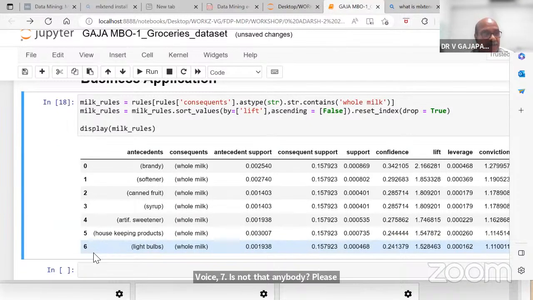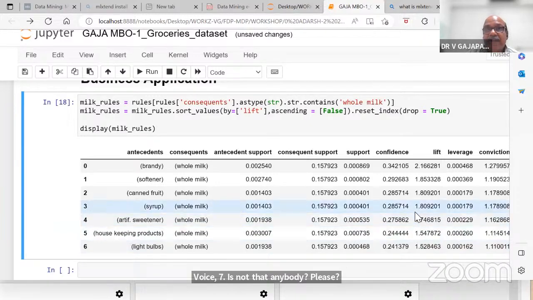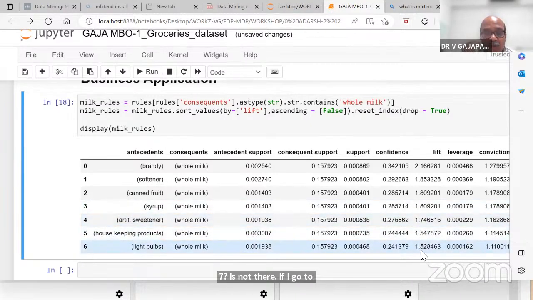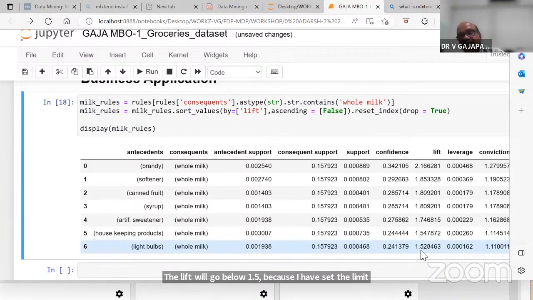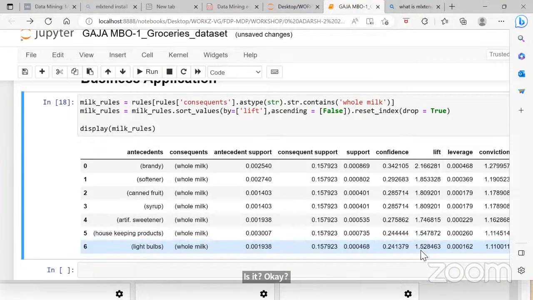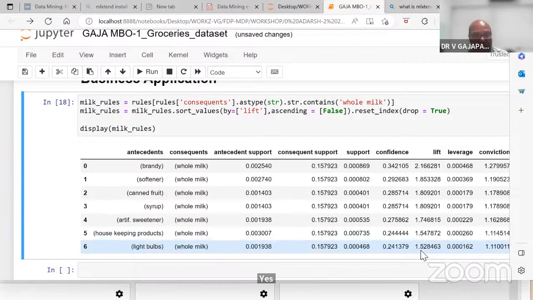If I go to 7, then the lift will go below 1.5, because I have set the limit of greater than 1.5. Are you getting my point? Is it okay? Yes, sir. Lift greater than 1 means this has a strong association. Therefore, only 6 are available.